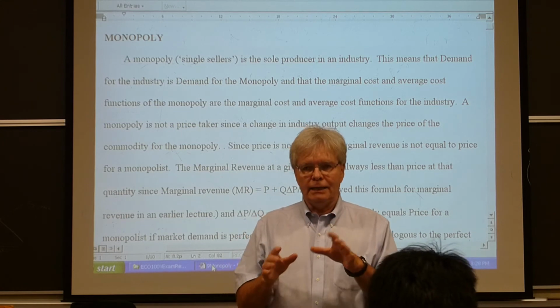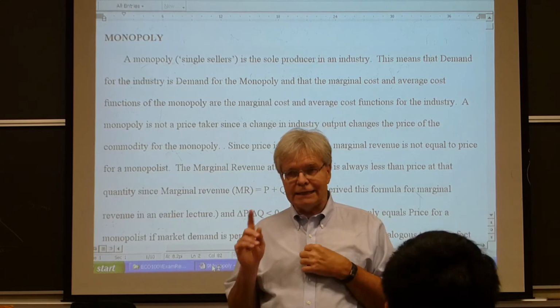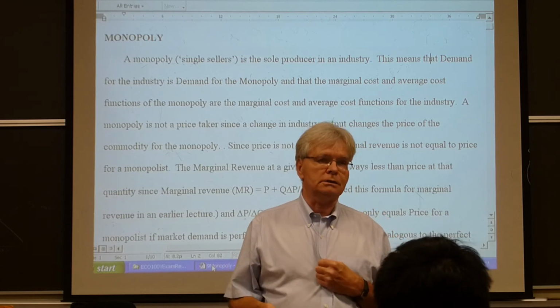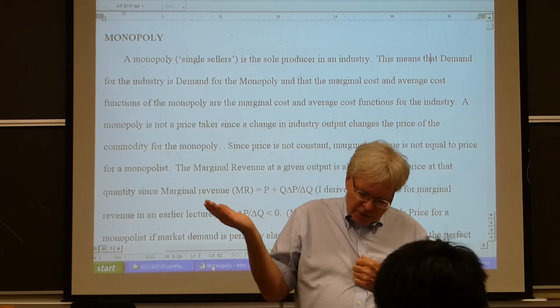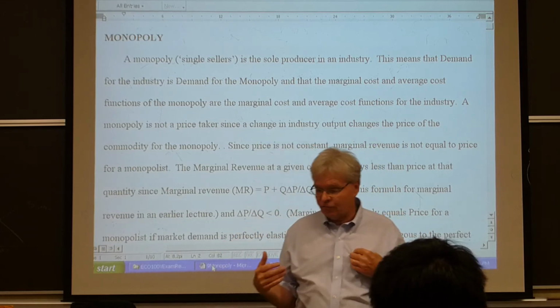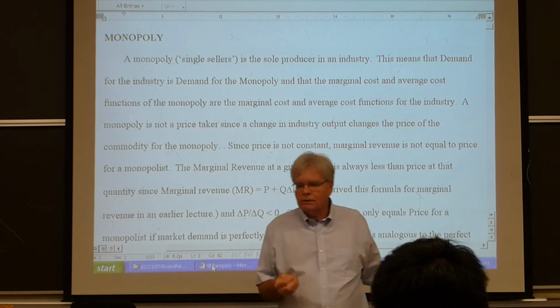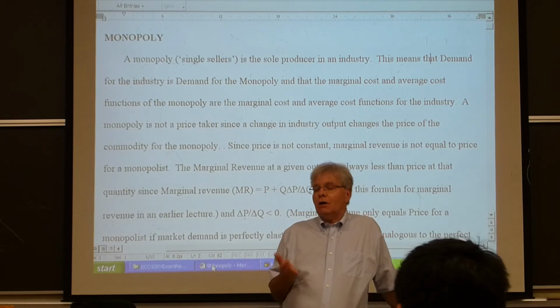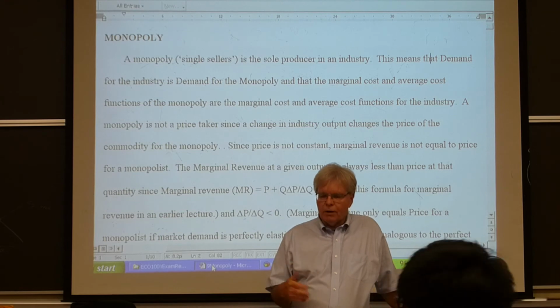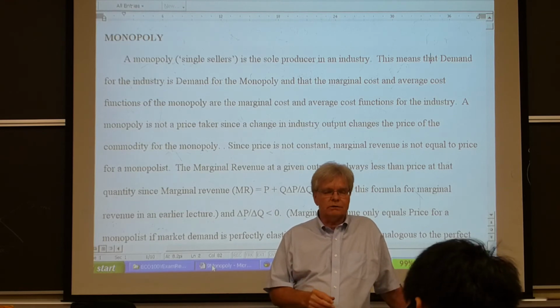Because, as I say, when we look at a downward sloping demand function, marginal revenue is not constant. But if a demand function is horizontal, which it is for a competitive firm, their individual demand functions are constant because they're price takers. They can produce whatever they want at the same price. For them, marginal revenue is constant.